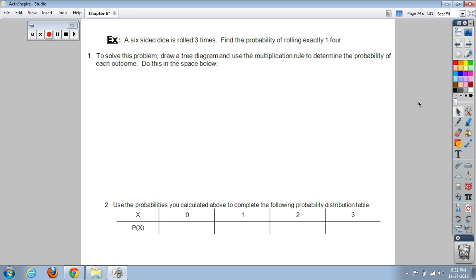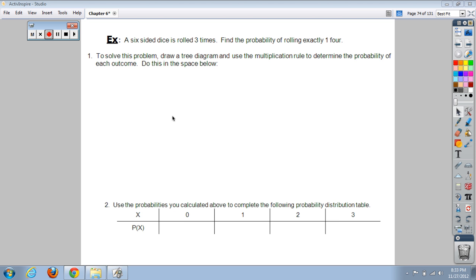Okay, now here's an example of where the probability of success and failure is not going to be 50-50. So in this example, we're going to take a regular 6-sided die, and we're going to roll it 3 times. And we want to find the probability of rolling exactly one 4. So to solve this problem, we're going to draw a tree diagram.